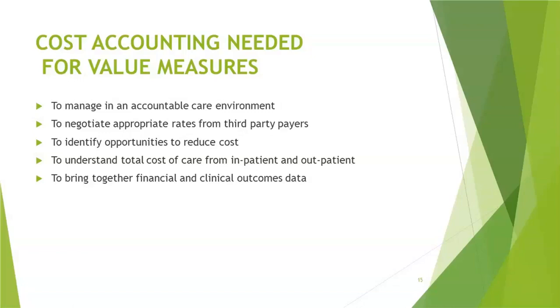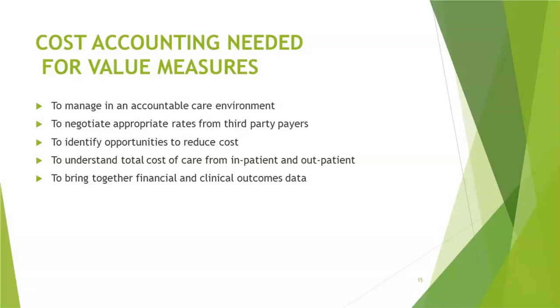We also need to know what our costs are to look for our cost reduction opportunities. We need to understand total cost of care for a patient from inpatient and outpatient. And the thing that I always found most interesting when I've put together report cards, let's say we do a report card on fractured hips or something like that, I want to know the relationship between the finances for fractured hips and the clinical outcomes.